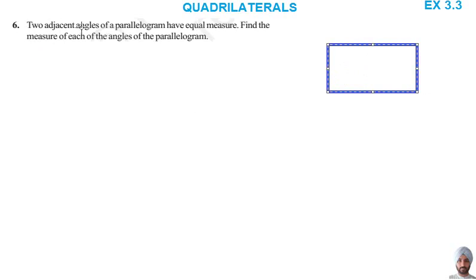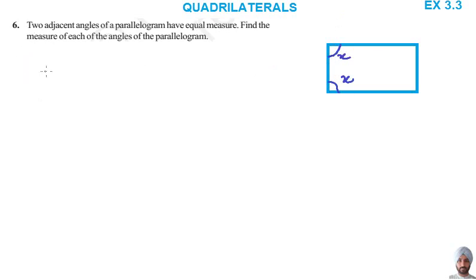So for the time being, this is a parallelogram and its adjacent angles are equal. When I say the adjacent angles are equal, I mean that if this is x, then this is also x. Now these are adjacent angles, so they should be supplementary.